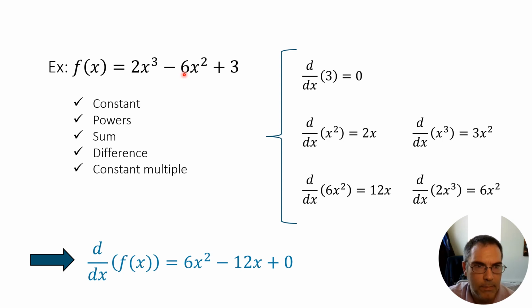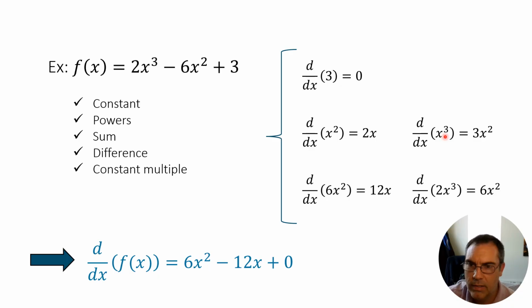Now what happens because of the constant multiples? This is 6x squared and 2x cubed. 6x squared, remember the constants out front just go along for the ride. So if the derivative of x squared is 2x, the derivative of 6x squared is going to be 2x times 6, so 12x.